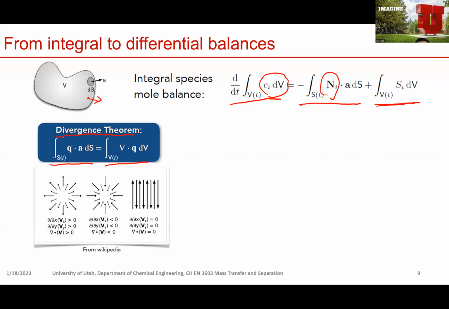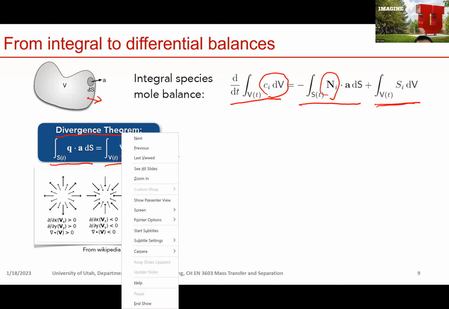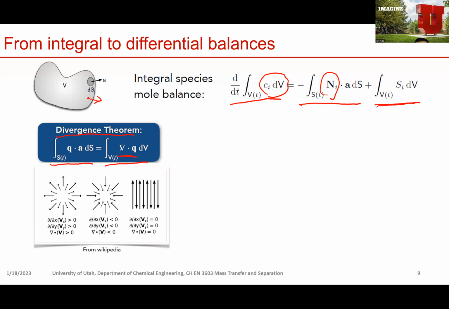The divergence theorem told us we can compute the divergence of vector Q, then compute the same thing by doing a volume integral instead of a surface integral. We can just integrate the divergence of vector Q over the whole volume. That will give us the same thing as the surface integral here.